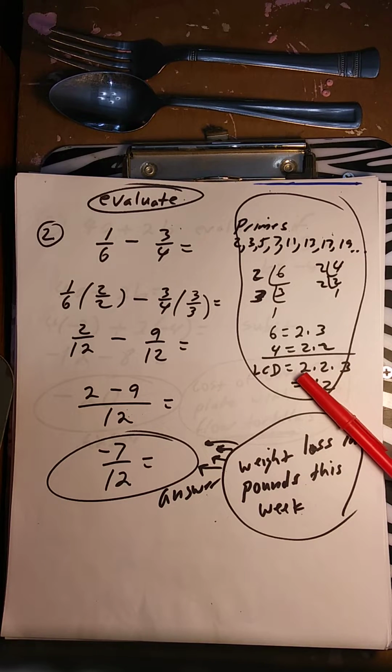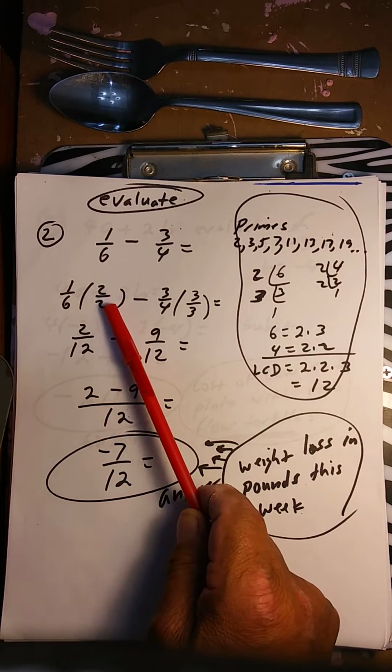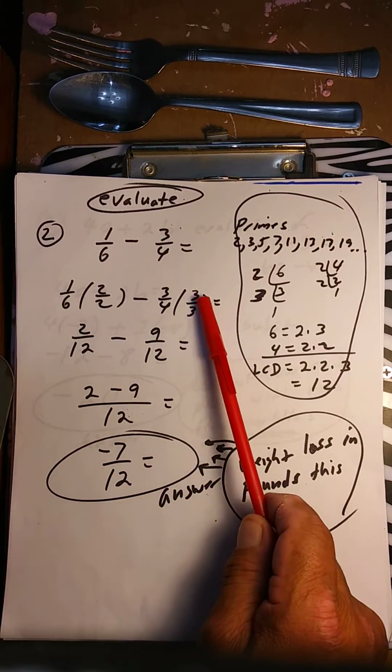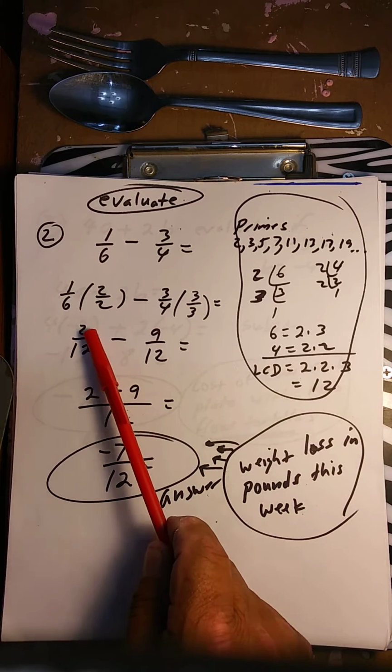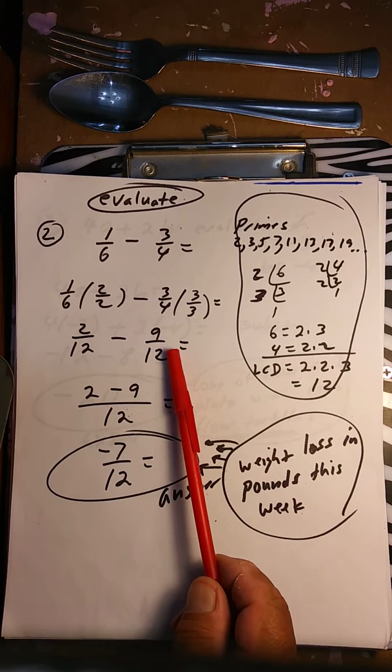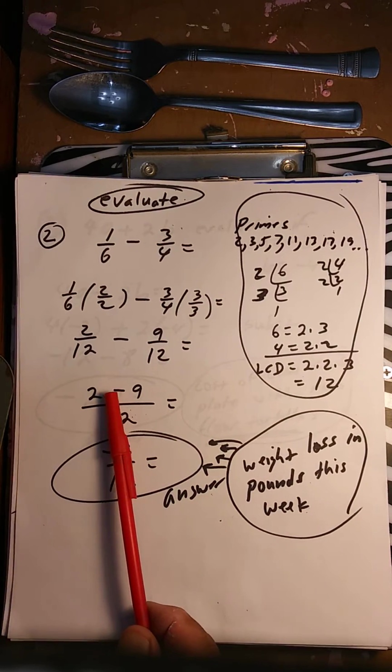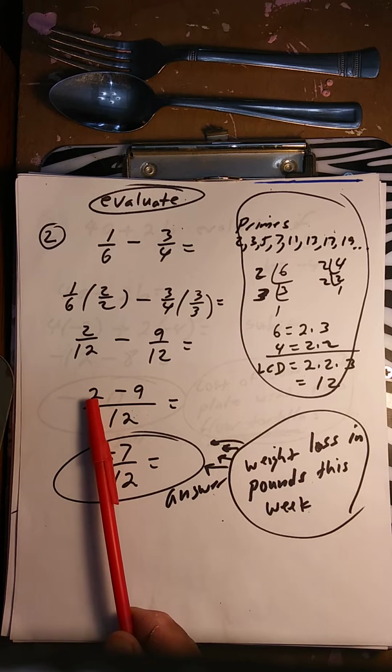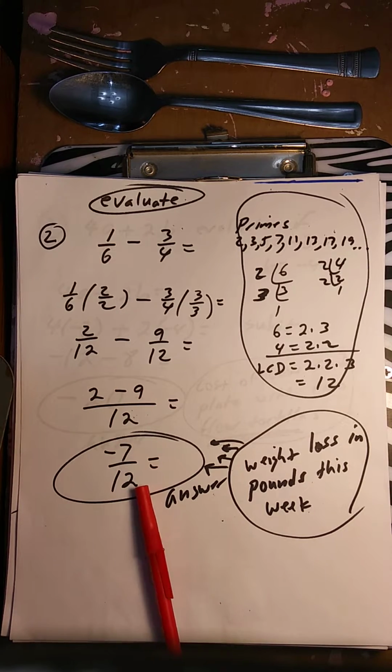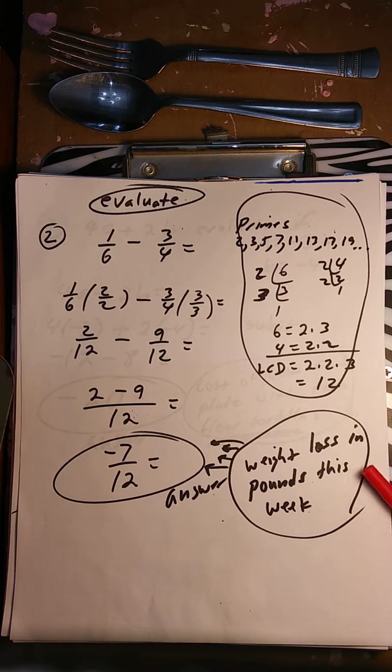So they have to have 12 in the denominator. So now, multiply this one by 2 on top and 2 on the bottom, and this one by 3 on top and 3 on the bottom. So now this is going to be 2 over 12, and it's going to be 9 over 12. Now we can put them together as 2 minus 9 over 12, and 2 minus 9 is a negative 7 over 12. Okay, like your weight loss in this week or something.